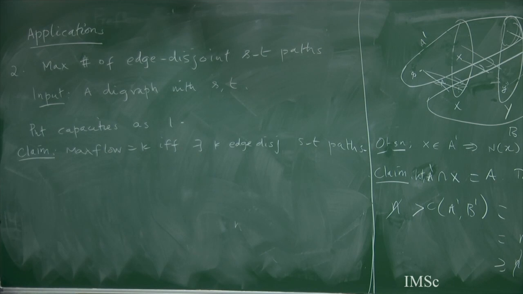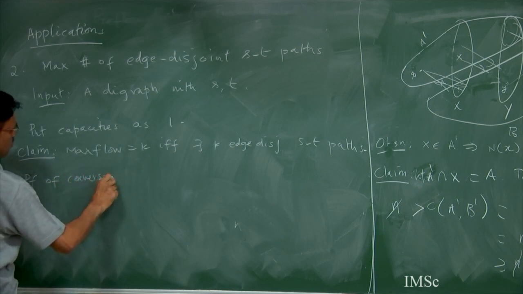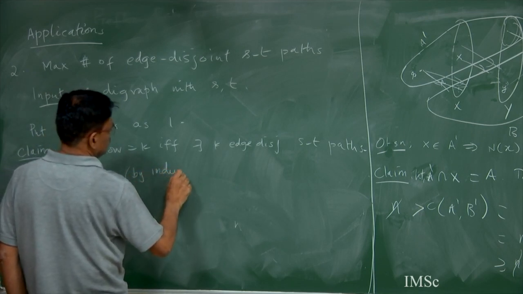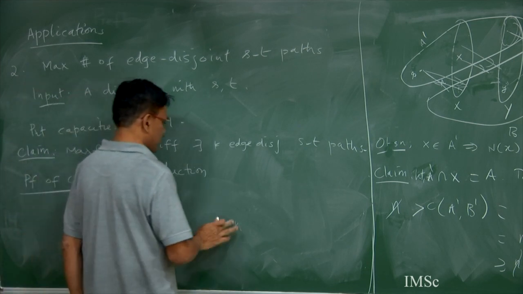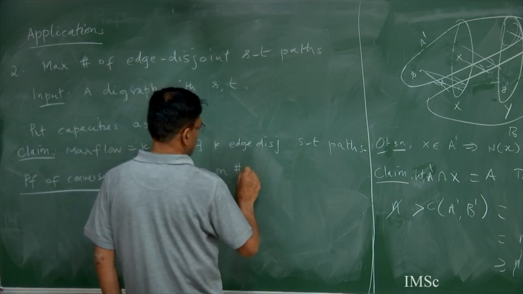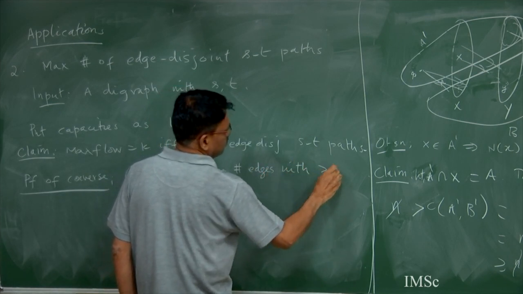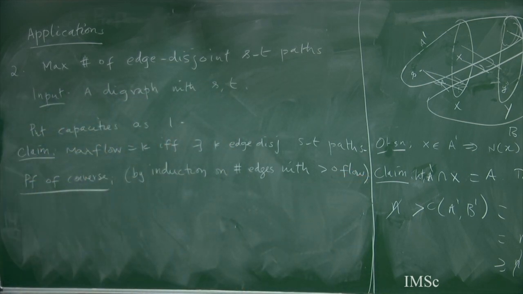I'll just leave this as, it's again very intuitive, but a formal proof just has to argue that you can pull out an ST path from the flow.